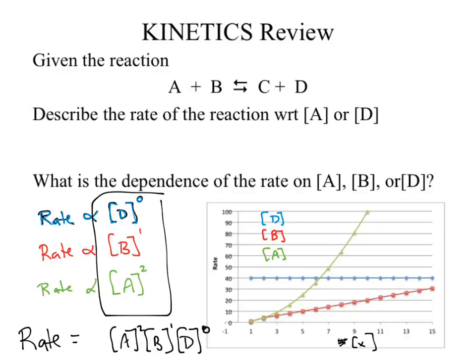Just the concentration of B. So if this equation were true, if B is 5, what should my rate be? 5. So let's go back to my graph. B is 5. What is my value for my rate? 10. Interesting. It's not exactly the same.